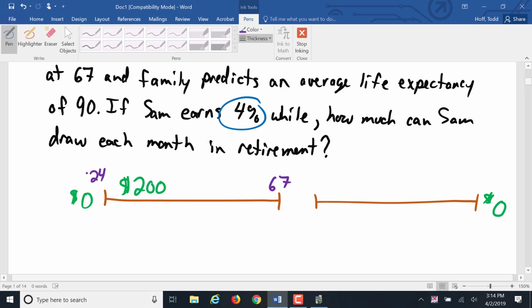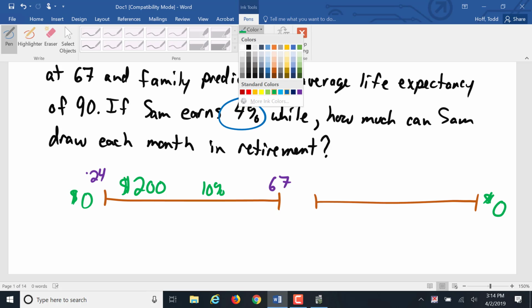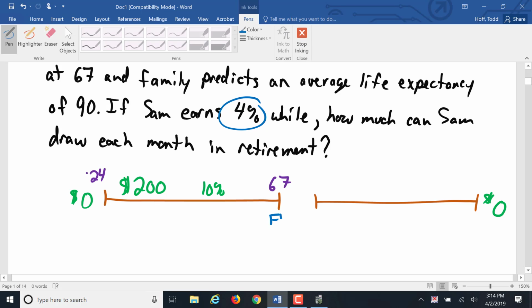And during that time, we'll be drawing 10% interest. So then that will give us a future value, which will become the present value of the liquidation phase. And during that phase, Sam will be making 4% interest. We don't know what that draw is going to be. So that's what we're trying to find.